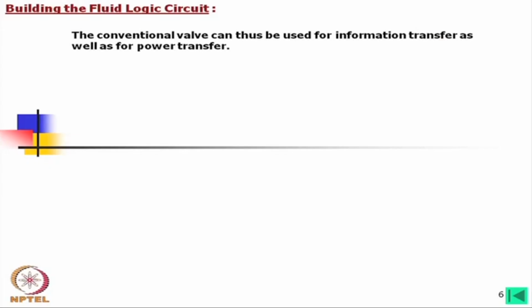The conventional valve can thus be used for information transfer as well as power transfer. Using these valves in logic circuits, one advantage is that this power can directly be used, and not much amplification is required.